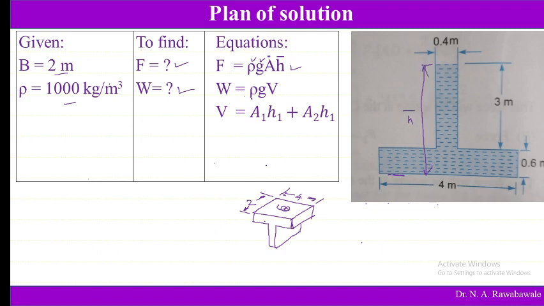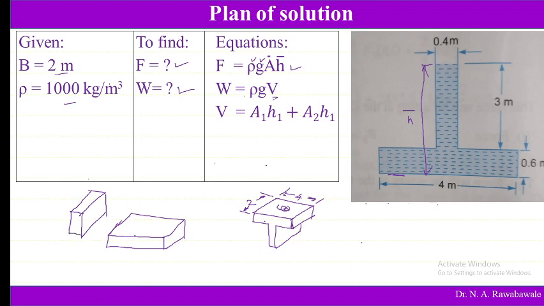Then weight is equal to rho g into the volume of this tank. The volume of this tank can be split into two parts. The total volume can be obtained by knowing the base volume. So this is the base, and its volume can be obtained, and over it there is a rectangular part, this vertical strip.